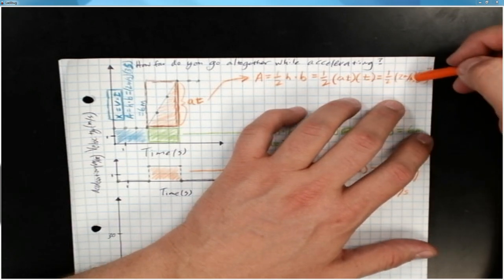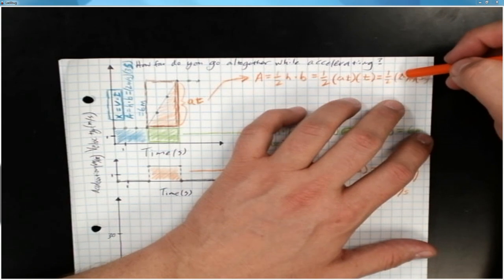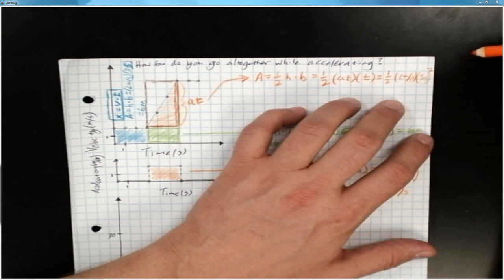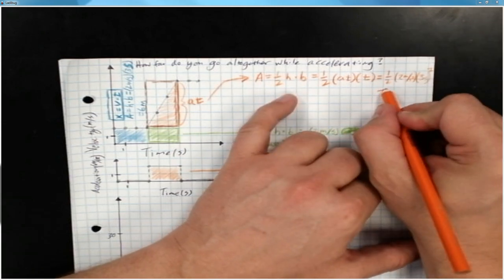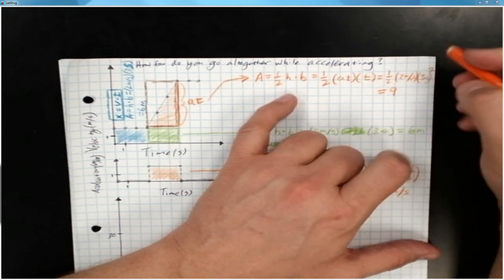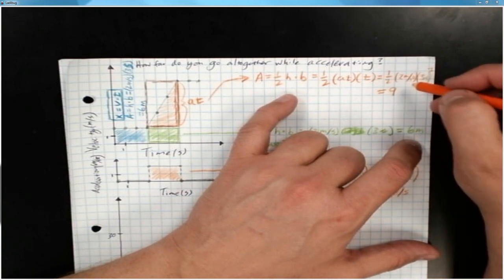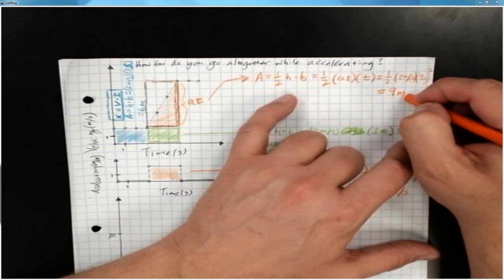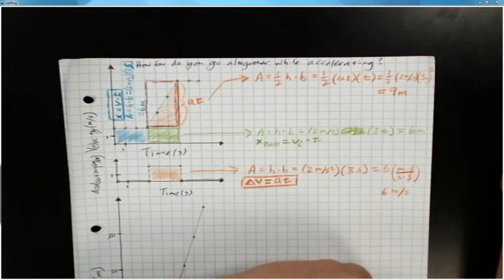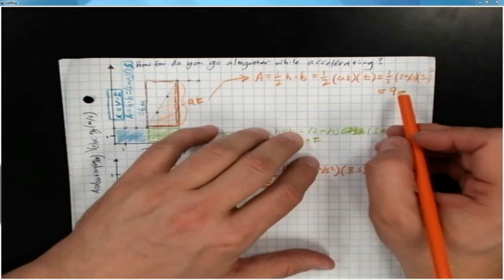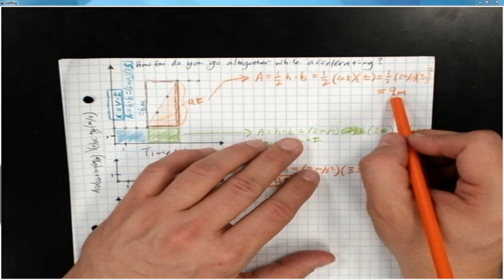The second squared is going to cancel with that second squared, so we got 9 times 2 is 18 times 1/2, which is 9. So this is going to be 9. Okay, so the seconds get squared and cancel with this square. What's left is just meters. 9 meters. So that's a distance.